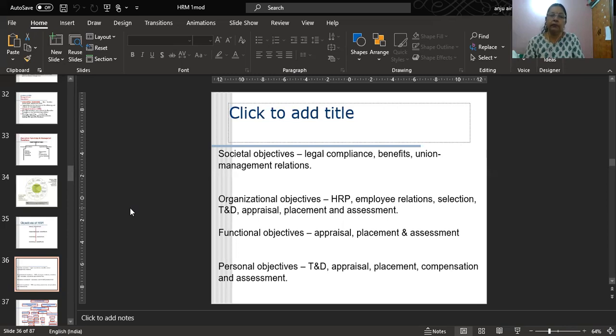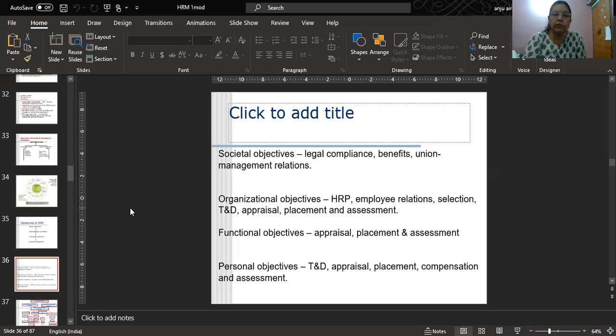Then T&D they will do, training and development of the employees, providing them with additional skills, additional knowledge, additional capabilities, which is known as KSAs in HR. Then performance appraisal of employees, monitoring their performance, making sure that they achieve the goals of the organization through their performance, placement of the employees, and assessment of the employees in their jobs. So this is all the organizational objectives.